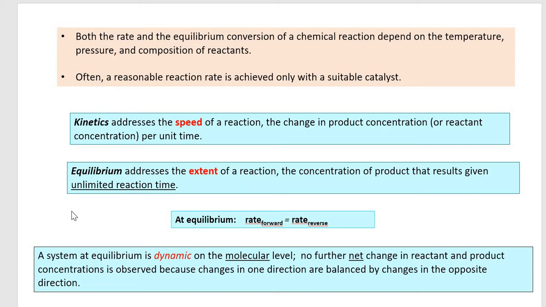At equilibrium, the forward rate is equal to the reverse rate. So we can say that is the maximum possible conversion attained by this reaction, and the composition at that point is known as the equilibrium composition.